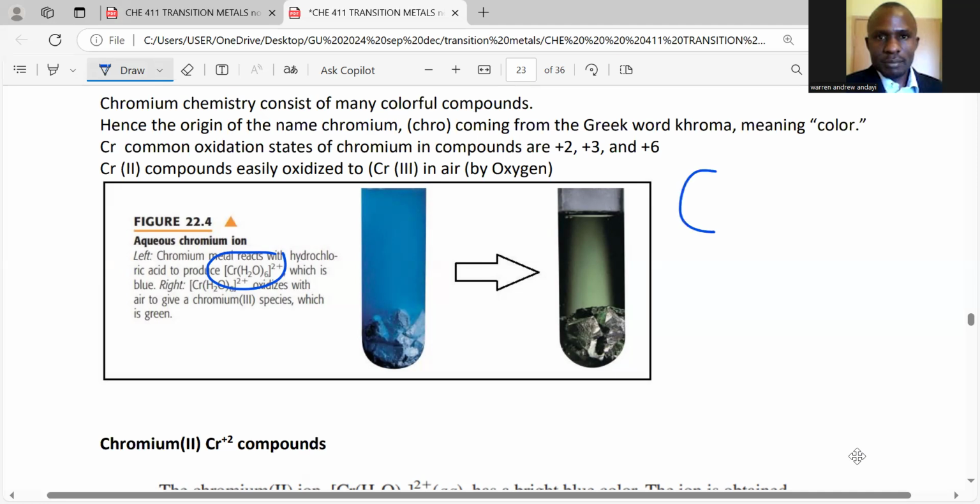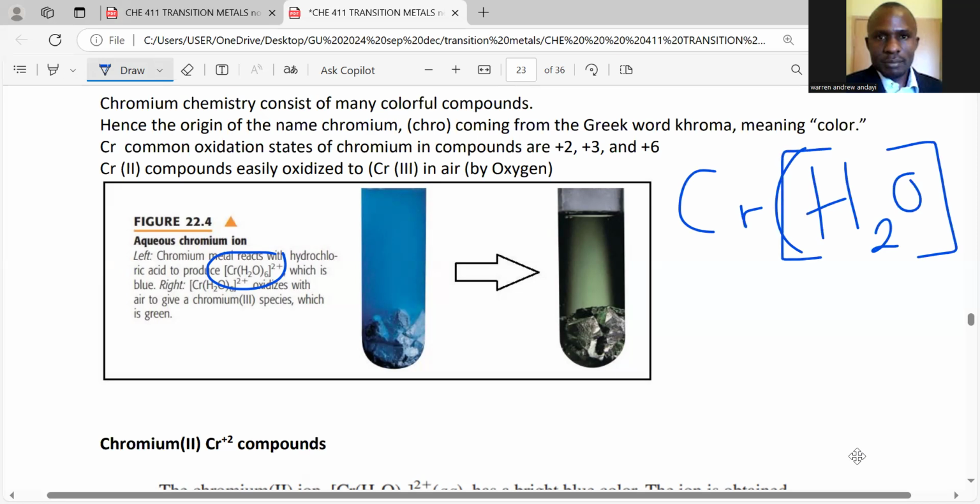Remember, it is chromium like that, and it has 6 waters on it, okay? We know water is neutral, so it has 0 charge, and chromium there is +2. So the overall charge of this complex is +2. Then, when it is oxidized in air, it gives chromium 3, which is green, that one there.